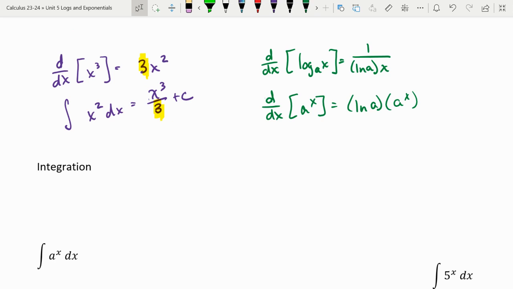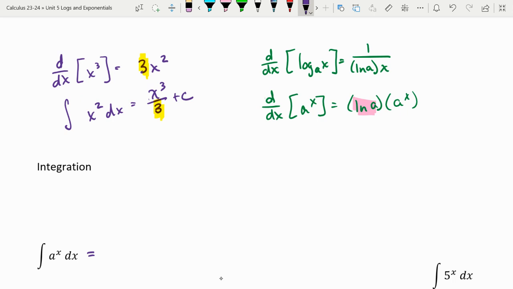So if I want to integrate a to the x, here what I should notice is that I multiplied by natural log of a in the derivative, just like I multiplied by 3 in the derivative. So going backwards to my integral, the derivative of a to the x has that natural log in it, but the a to the x is there.